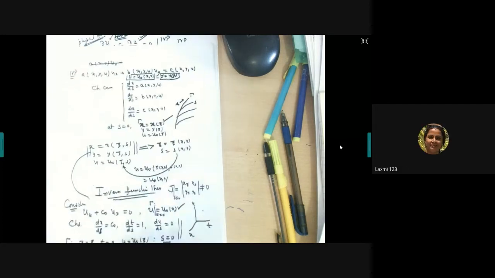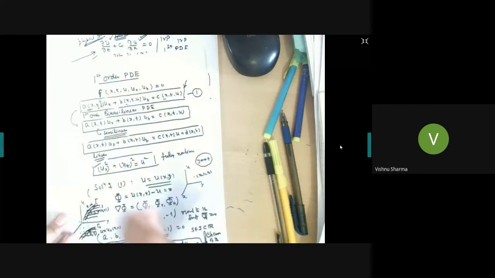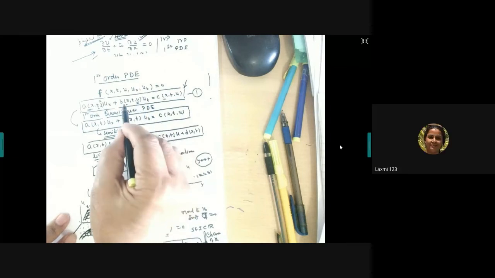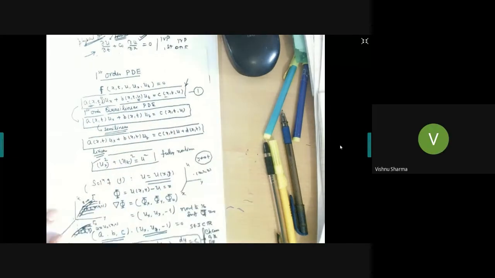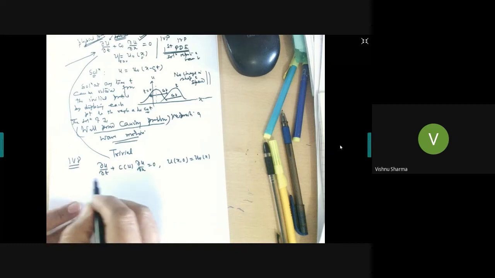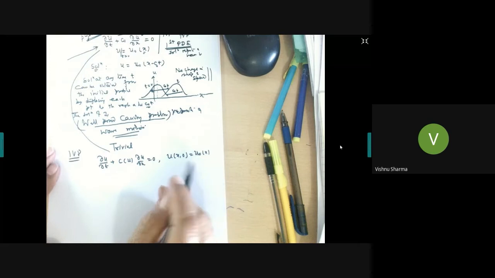If you recall, in the first page I said that if the coefficient functions depend on u, then it is quasi-linear. So this is quasi-linear. Let me number them: 1, 2. This is number 2. So if it is a quasi-linear partial differential equation, look here.